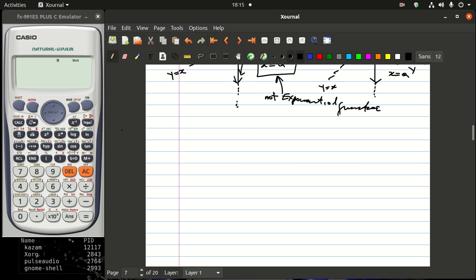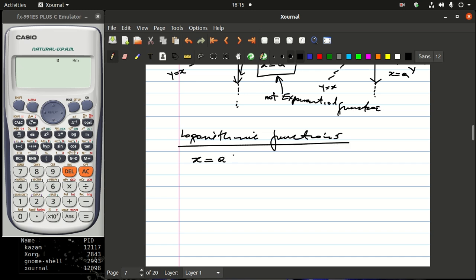That's when we started to define logarithmic functions. The function x is equal to a to the exponent y is a logarithmic function.